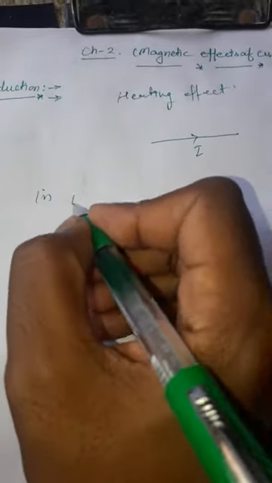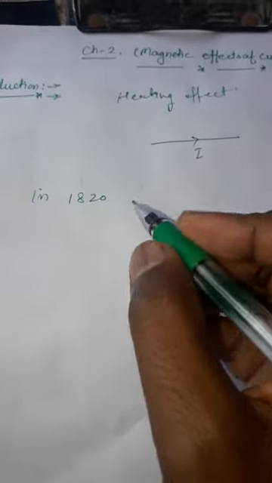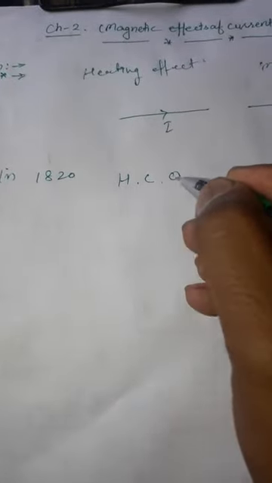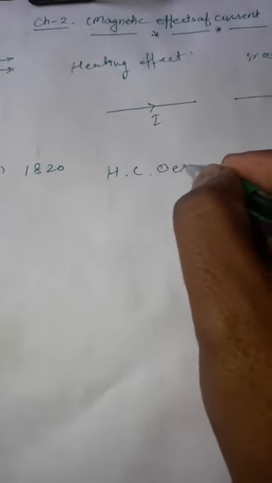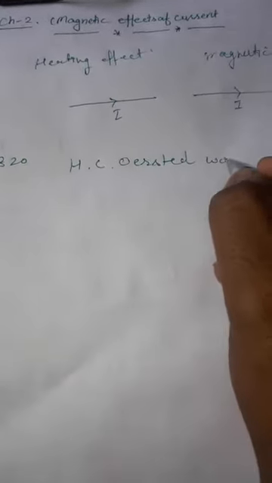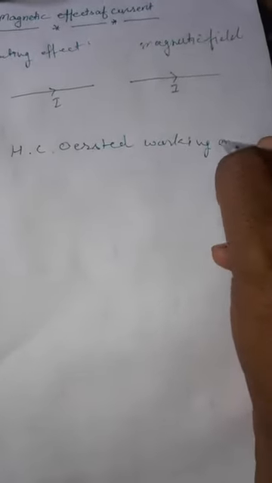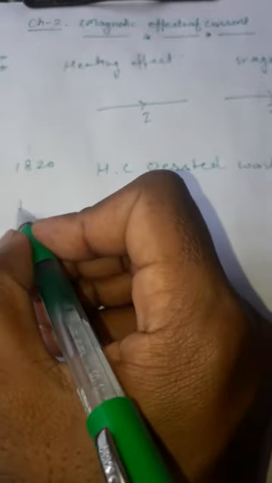But in 1820, H.C. Oersted, a very famous physicist, was working in his lab on electricity.